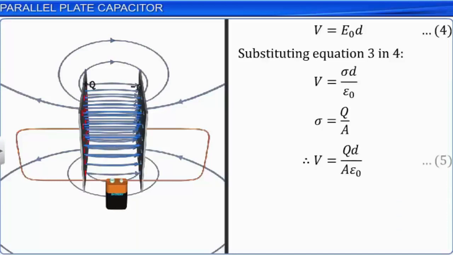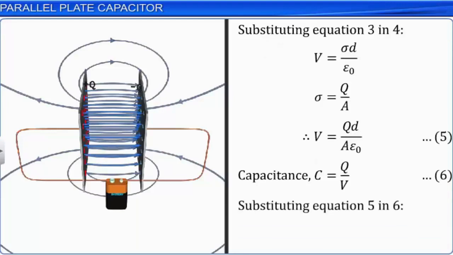Now, capacitance of a parallel plate capacitor C is equal to Q by V. Let this be equation 6. Substituting equation 5 in 6 and simplifying, we get capacitance C is equal to epsilon naught A by d. Let this be equation 7.